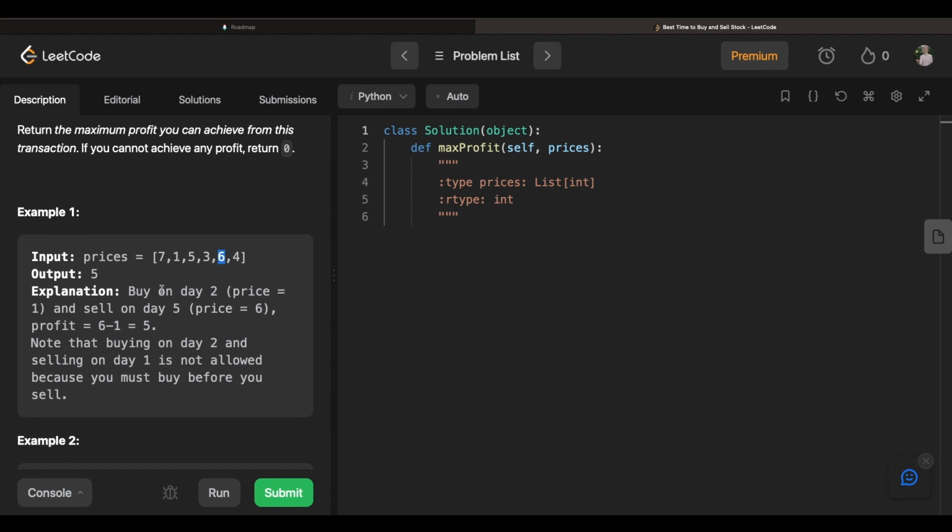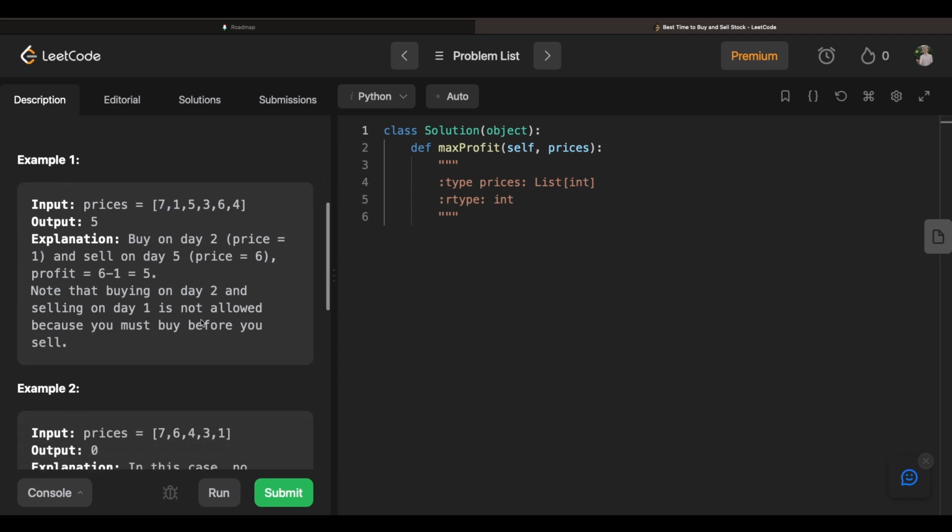And I was just going to say this. The way you would think to do this is to just find the minimum and the maximum value in the array and just subtract them. But you can't do that here because you can't buy on day 2 and then sell on the first day. That's not allowed. Okay, so that makes sense.